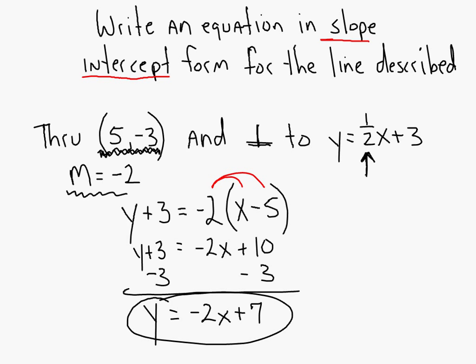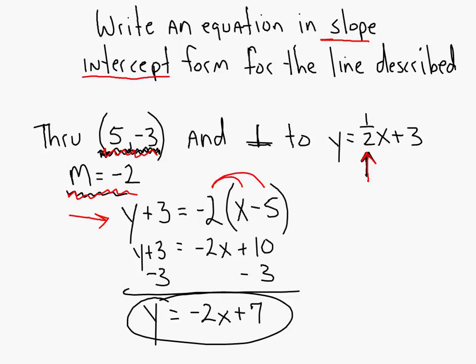So now you have a point and a slope for the new line, and then you wrote it in point slope form. You distributed the slope, and then you solved for y, and that put it in slope-intercept form, which is what they're asking for. So it's a multi-step problem. You get the slope from the given line, write it in point slope, distribute, and solve for y to get it in slope-intercept form.